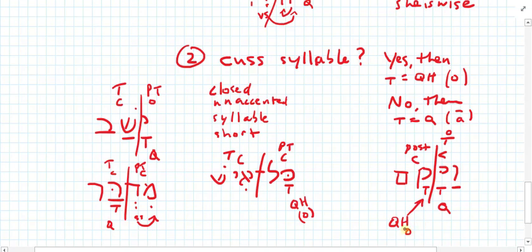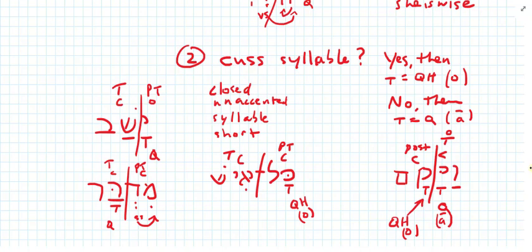That makes it a short O. This qames over here, long A. So how am I going to pronounce this? Vayashav. Vayakom. That last one is a short O. Vayakom. And he stood up, or and he arose. Okay, so that's how you can tell the difference between qames and qames-hatup.